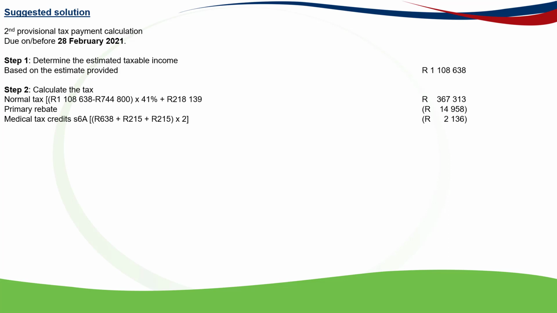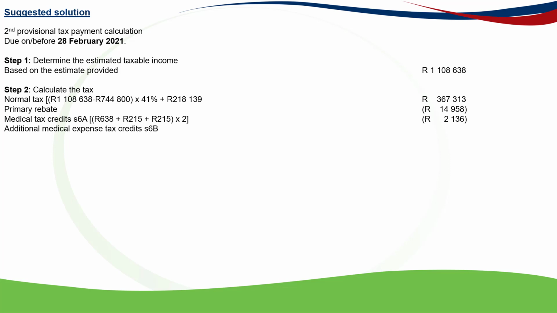If you look at the information provided, the taxpayer and her husband and 2 children are on the medical aid. The sum of the monthly credits multiplied by 2 months will therefore result in the 2,136.